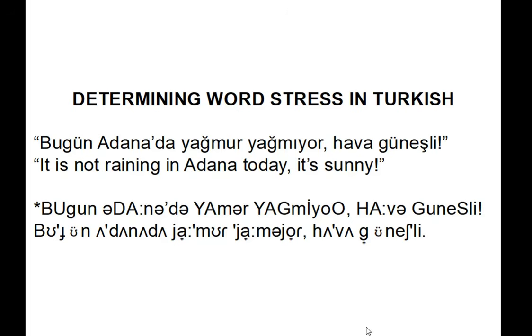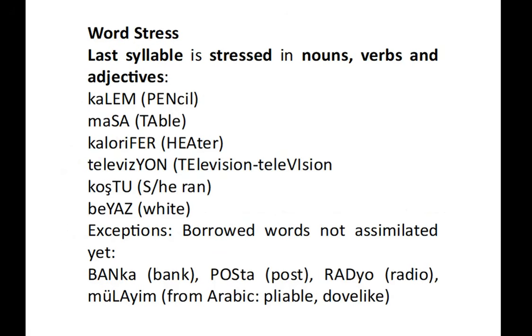This is the correct pronunciation. Bugün Adana'da yağmur yağmıyor. Hava güneşli. So this is the IPA format. I'll look at all these details and you'll be able to read this sentence better at the end of this presentation. Okay, let's begin with a simple rule.